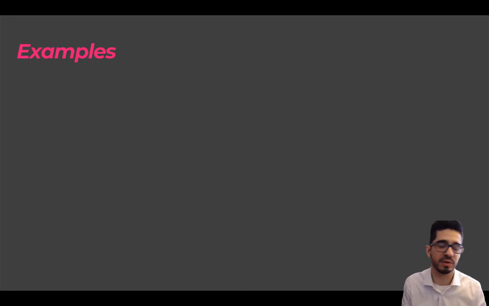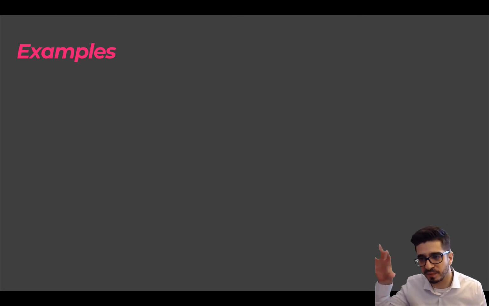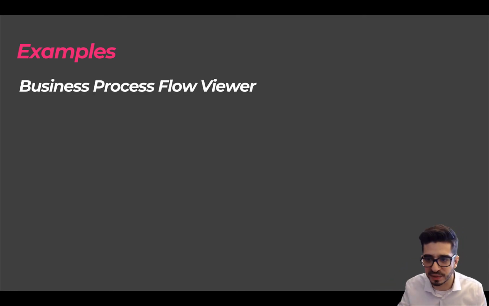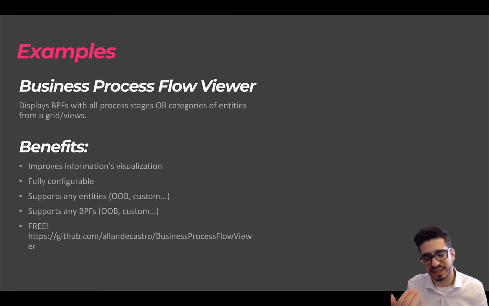So one of the components we've just seen, this business process flow viewer that I've created, allows to visualize the progress of a record in relation to the business process flow used, and we have a certain number of parameters that we can modify to manage different types of BPF and manage colors and also certain features like to display the name of the record or decide to display by stage or by categories.